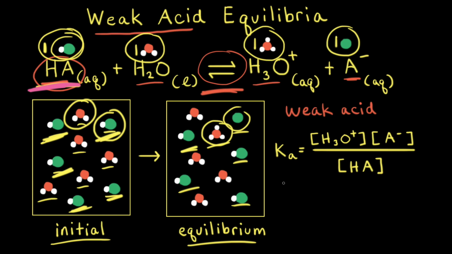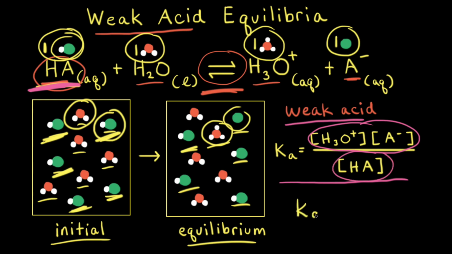The equilibrium constant expression for a weak acid looks the same as it did for our strong acid because we use the same general equation. However, since a weak acid only partially ionizes, at equilibrium there's going to be a small amount of products and a large amount of reactants. Therefore, the Ka value for a weak acid will be less than 1.